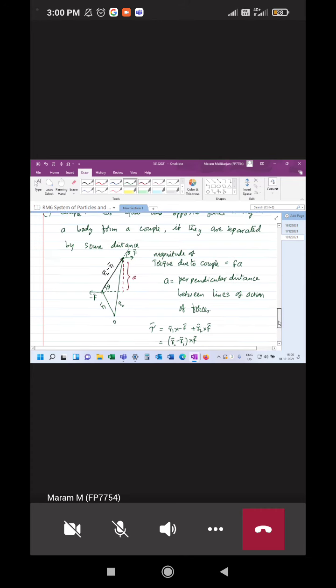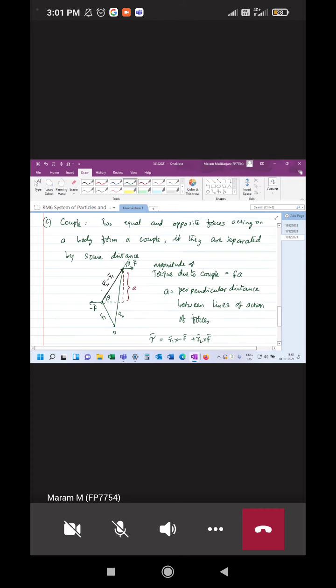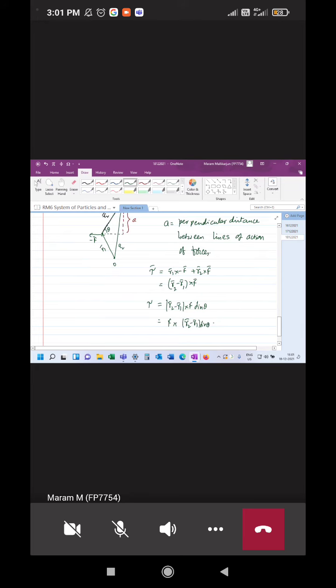The magnitude of R2 bar minus R1 bar is this length, and this length into sine theta will give you A. So that is equal to F A. That is the torque due to a couple. Take any origin, it doesn't matter; torque due to a couple, you will get the same value.